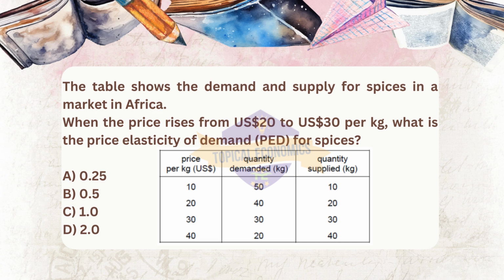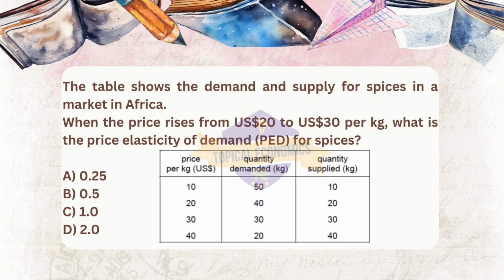Moving to question 18. The table shows the demand and supply for spices in a market in Africa. When the price rises from $20 to $30 per kilogram, what is the price elasticity of demand, PED, for spices? A. 0.25. B. 0.5. C. 1.0.